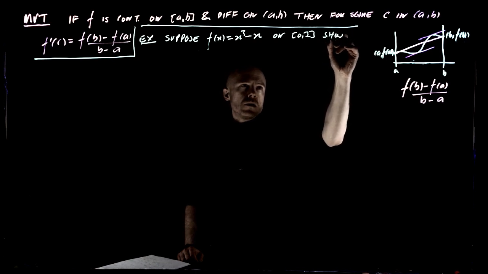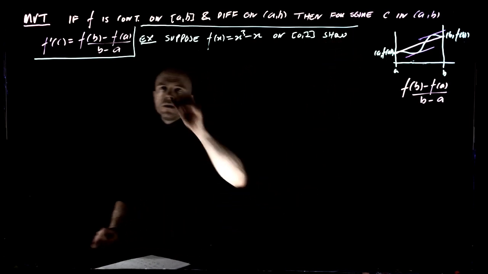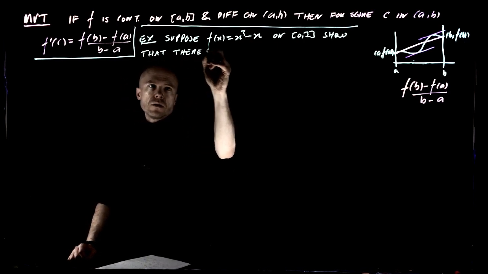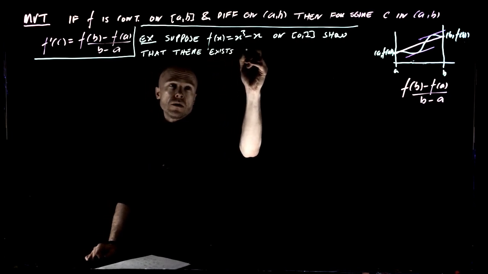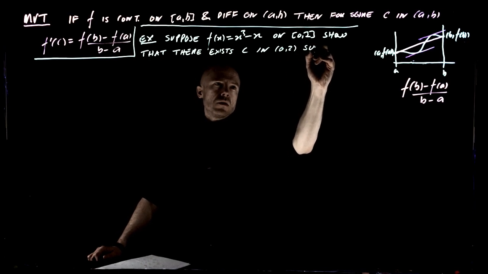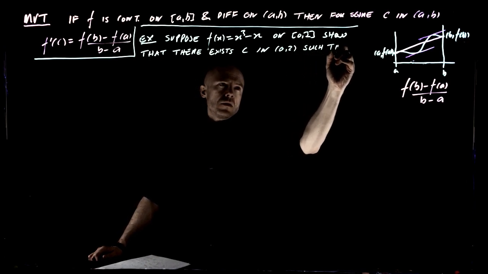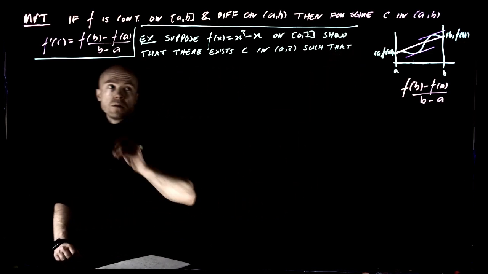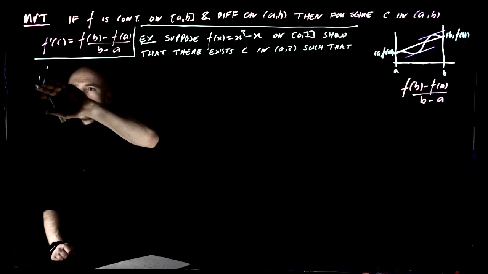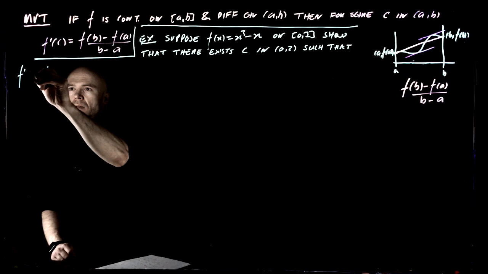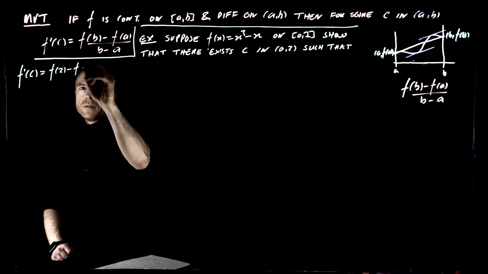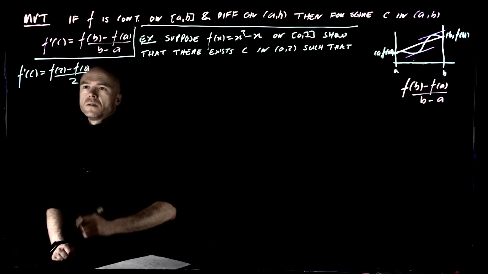Show that there exists C in 0 to 2 such that f prime of C equals f of 2 minus f of 0 over 2.